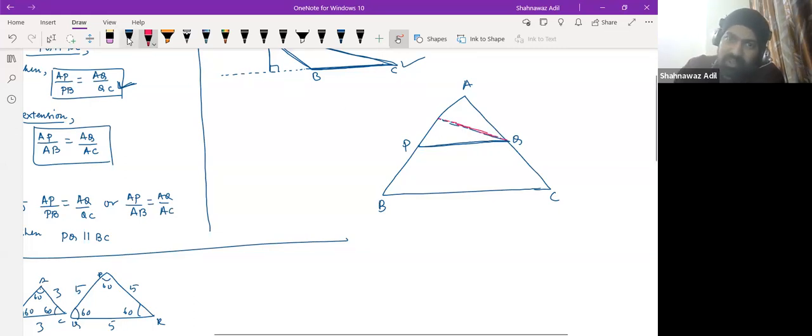Let's say this is M, and we will also draw a perpendicular on AQ. Let's say this is N.